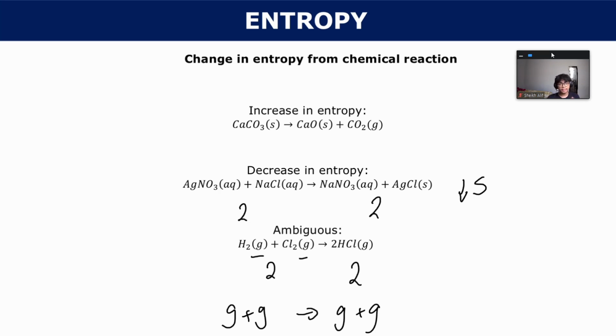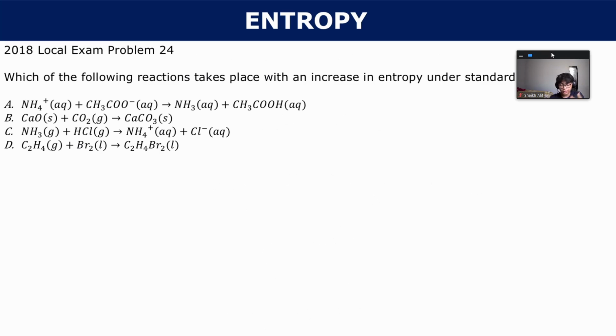So in those cases, it's ambiguous. You can't assume what change in entropy you're going to have. But for these other cases, it's easily determinable whether entropy is going to increase or decrease. And let's do a bit of practice regarding that idea with the last question that I have.